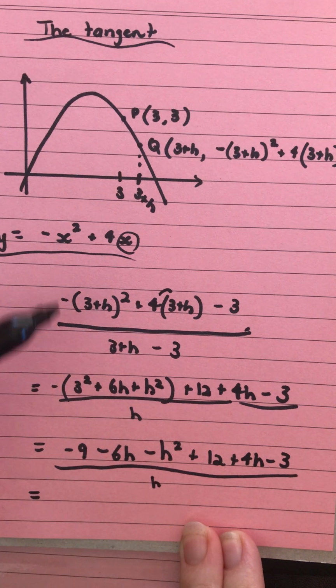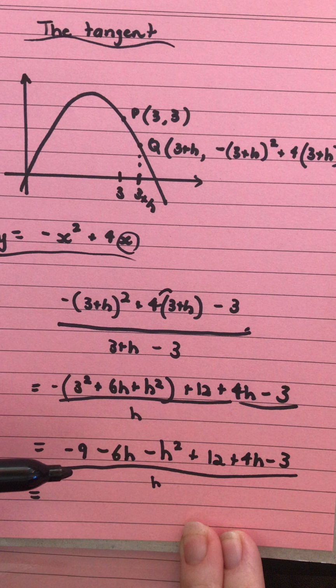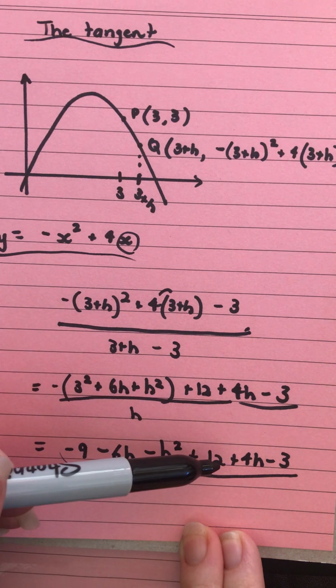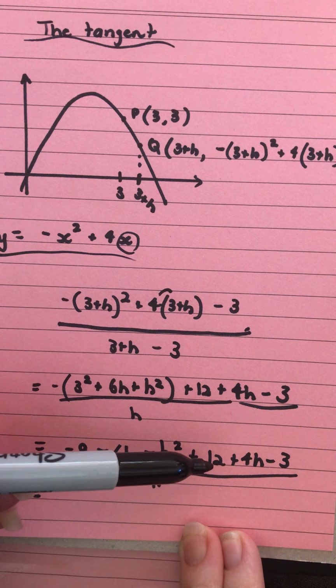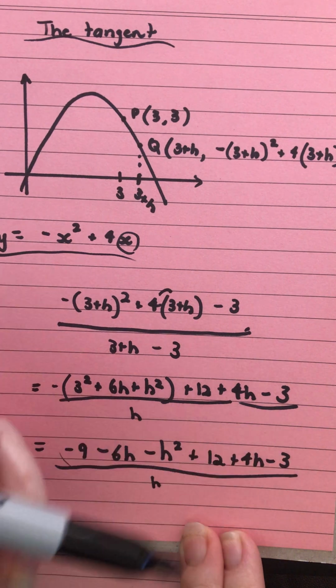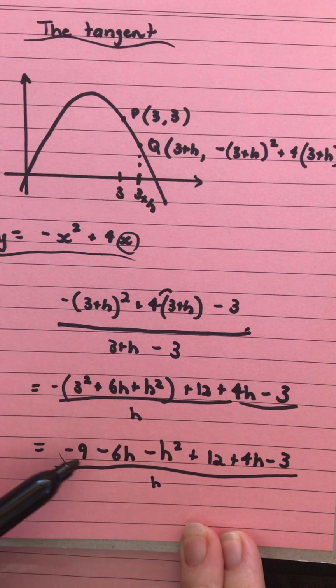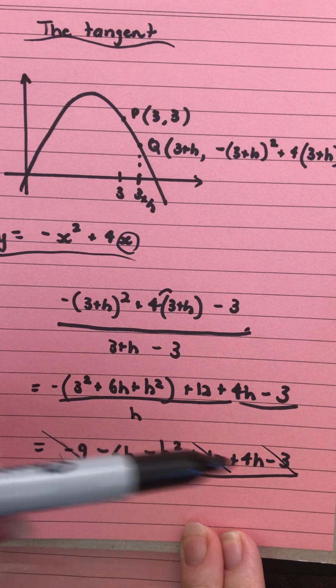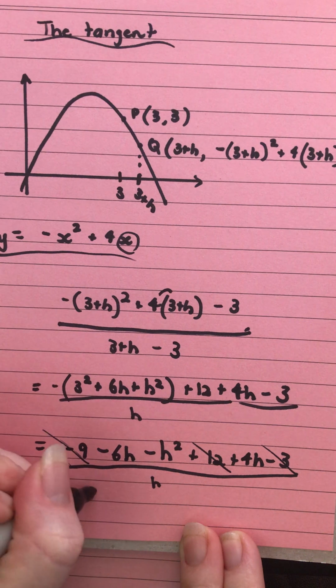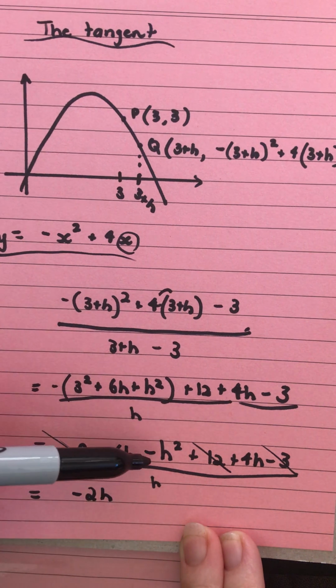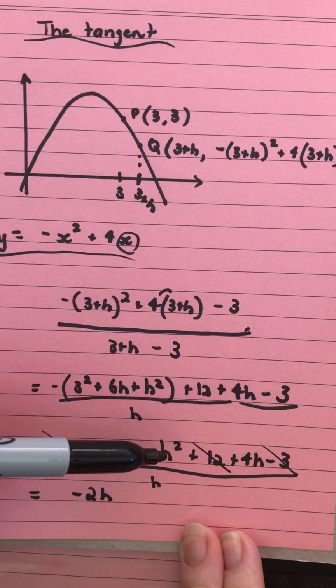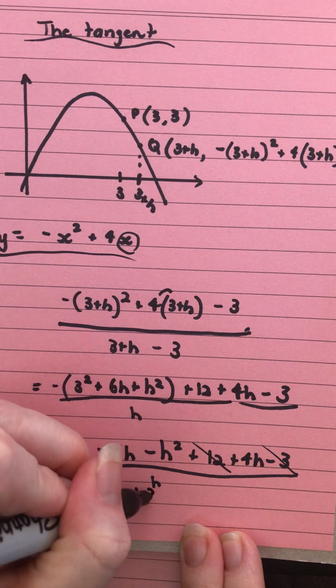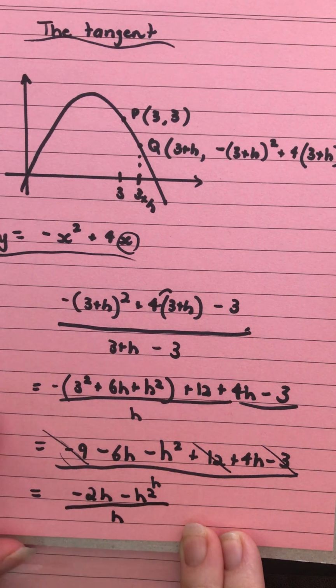And then looking at what I can simplify, so I've got negative 9. I'm adding 12 to that, so that would give me positive 3, and then I'm taking 3 away, so that gets rid of my constants. Then I've got minus 6h plus 4h, that would be minus 2h on the top there, and I've got minus h squared over h.